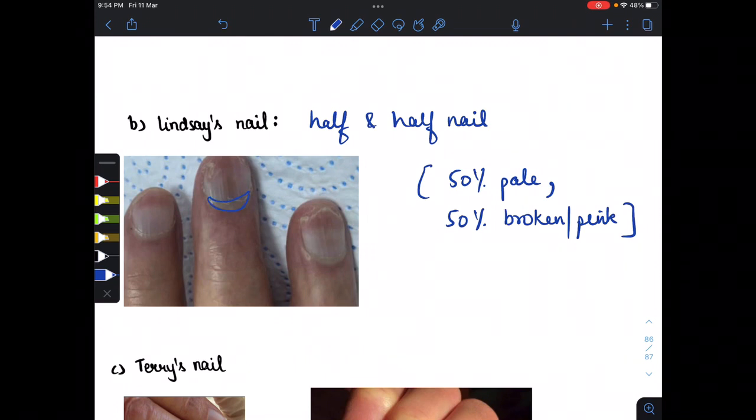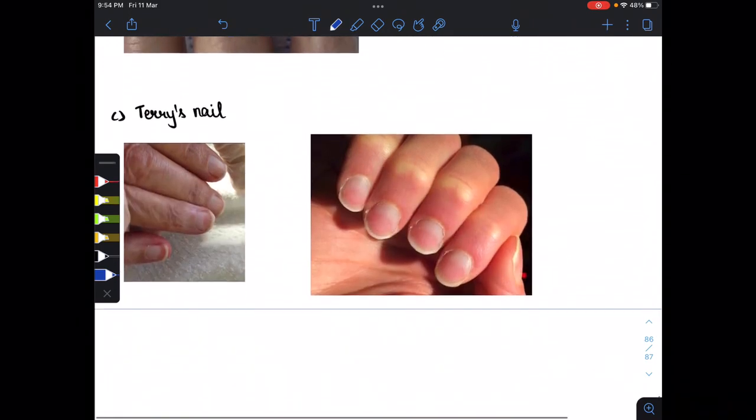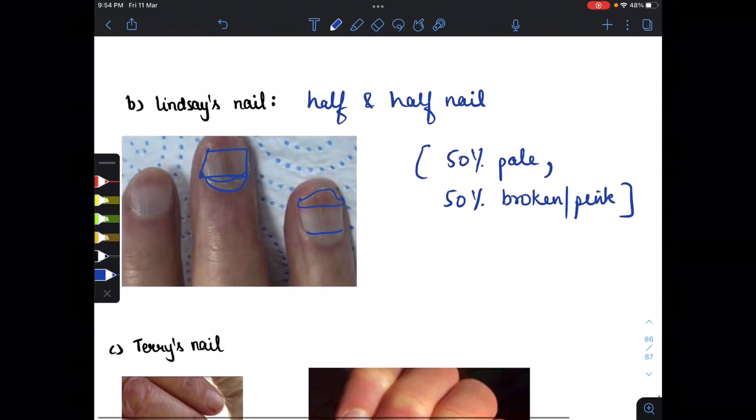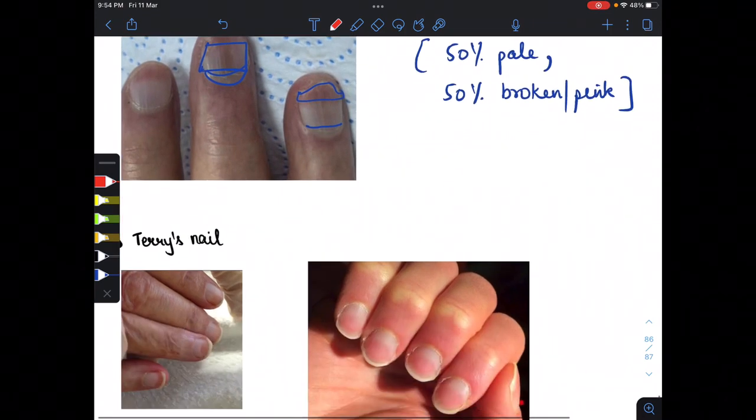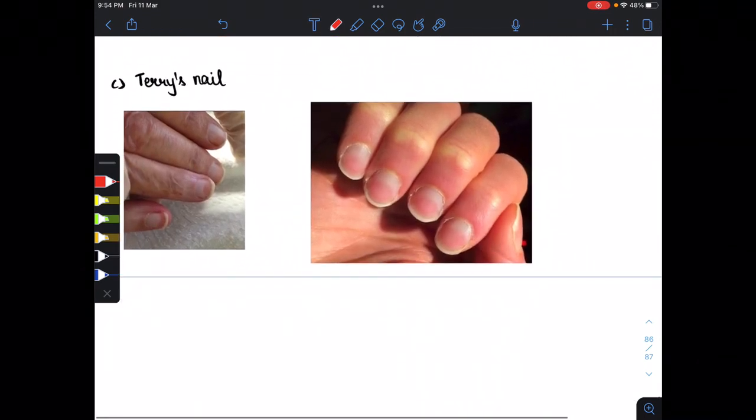As in this image, this is one half and another half. So this is Lindsay's nail in apparent leukonychia, and it is found in chronic renal failure patients.